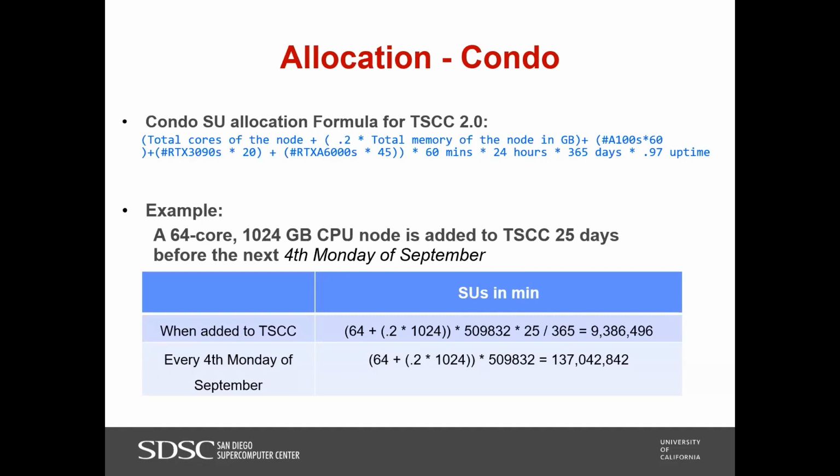We are talking about the job charging later. The formula will be similar to the allocation credit, but it's based on the resources your job will use and how long your job will run.